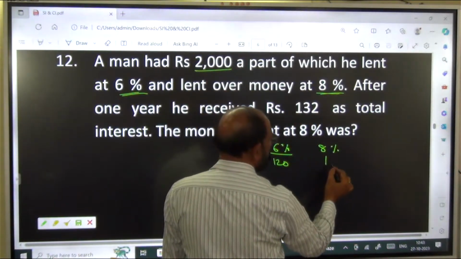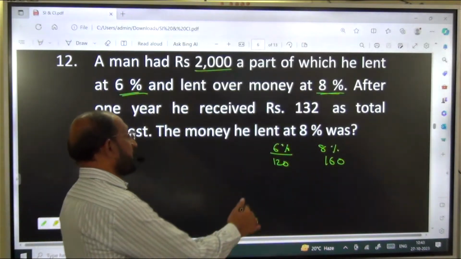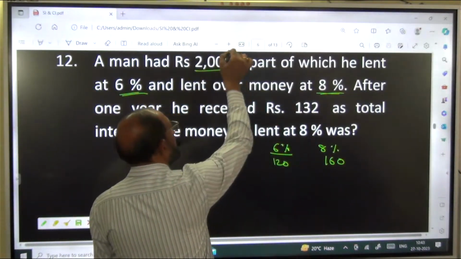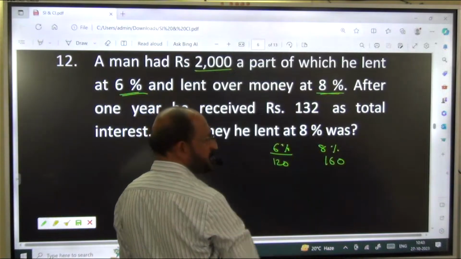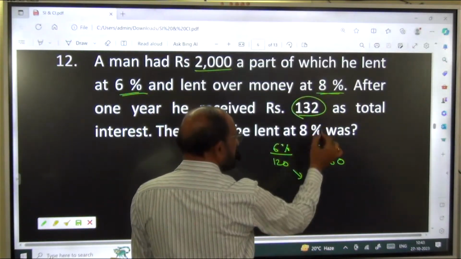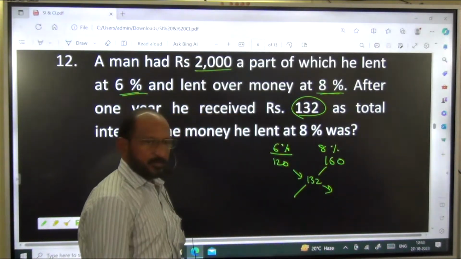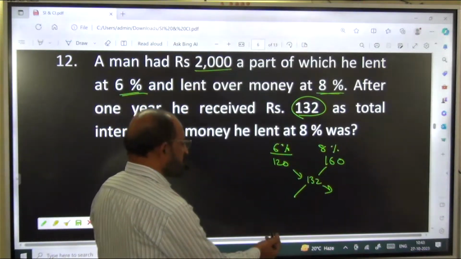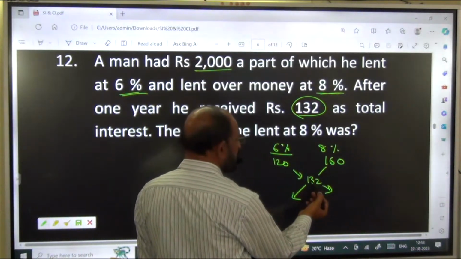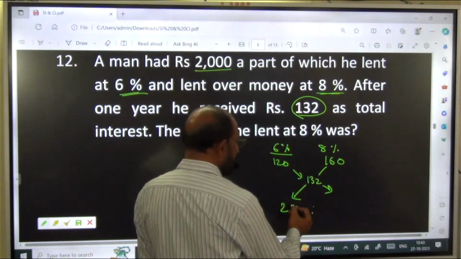At 8%, 8 twos are 16, so 160 rupees as total interest. What is the mixing? 132 rupees is the mixing amount he received. So subtract: 160 minus 132, how much? 28.